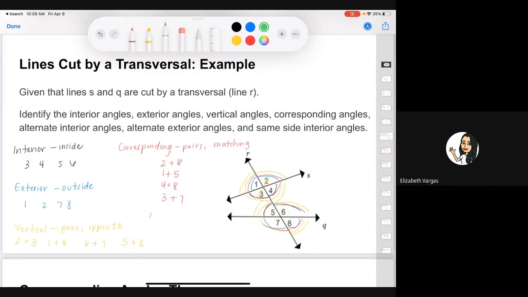Next thing we have are alternate interior. First thing, interior angles, but they need to be on alternate sides, so on opposite sides. Again, these are pairs of angles. So pairs of angles inside on opposite sides.